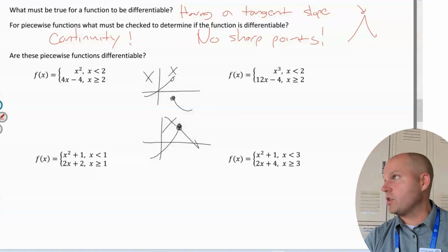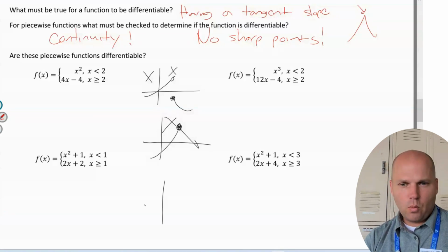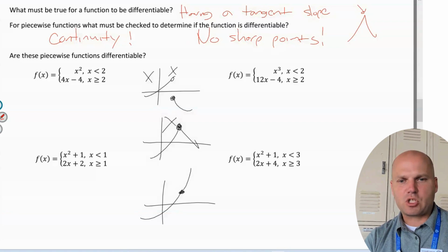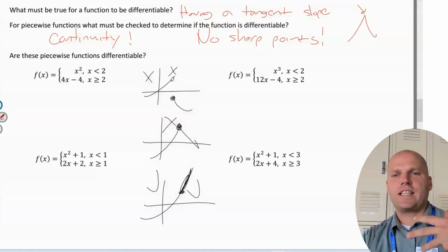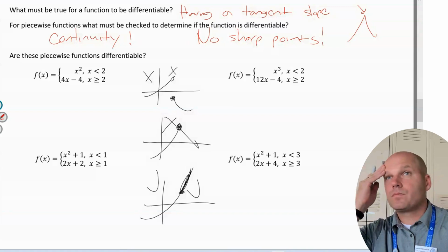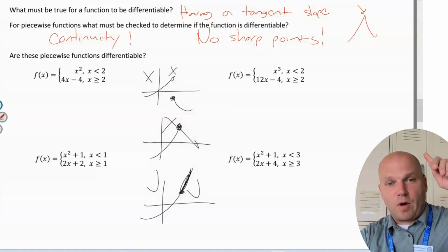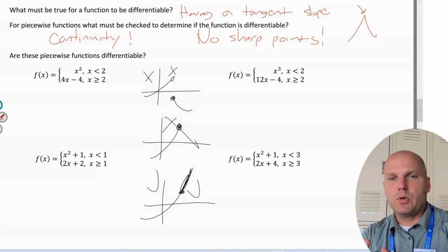This is a point where we still would not have a slope. What we want to check is that our pieces meet up, and they meet up smoothly, that there is not a sharp point. This is how we're being quizzed and tested on being differentiable. We will check to see if our pieces meet up, and they meet up smoothly.